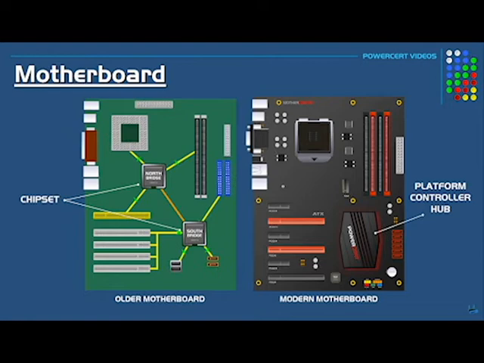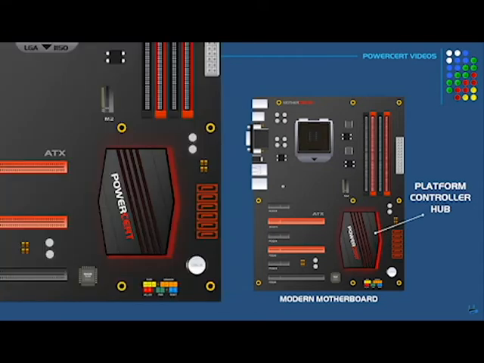Whereas the south bridge would interact with your SATA connectors, the other bus slots, etc. So instead of having two different bridges for your chipset, they just included it in one PCH on your motherboard, which makes it a lot less cluttered, a lot more simple.